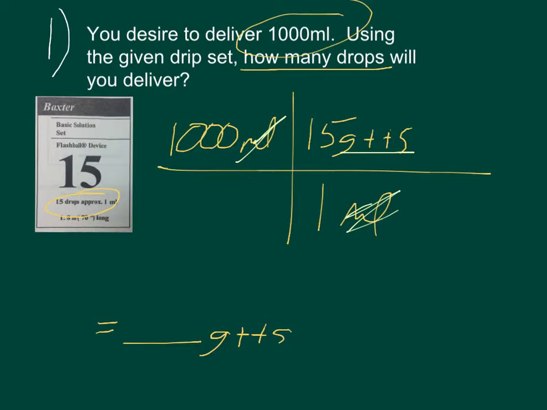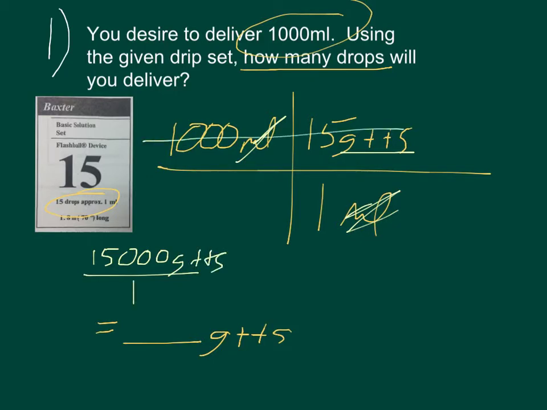So now we just do our math. 1,000 times 15, and that gives us 15,000. So let me throw this out here. And now I have 15,000 drops over 1.